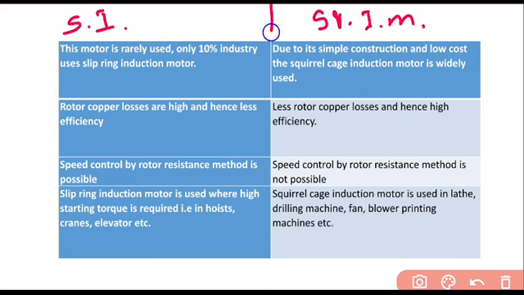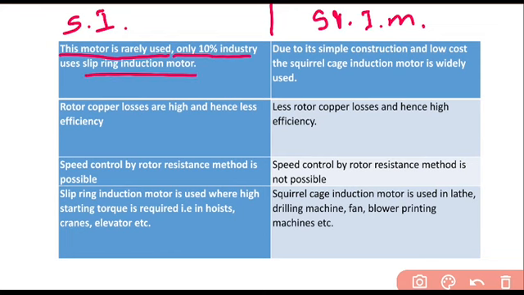The slip ring induction motor is rarely used, because as we showed in the previous points, there are many drawbacks compared to the squirrel cage induction motor. Only 10% of industry uses the slip ring induction motor.